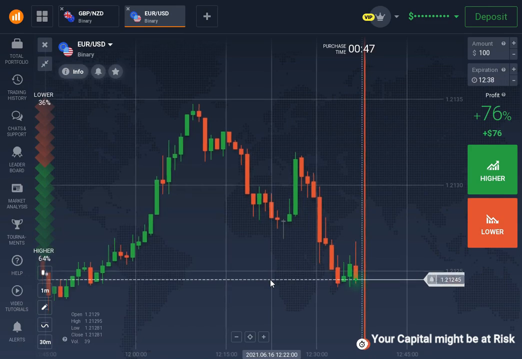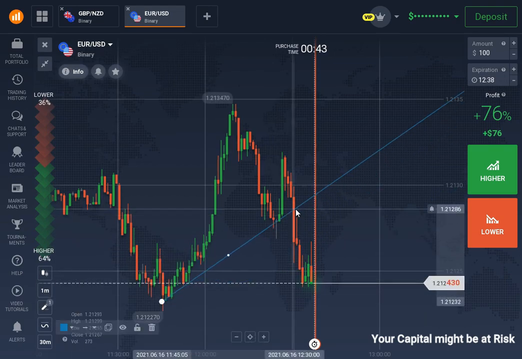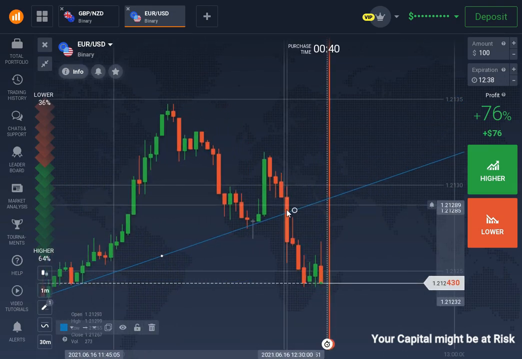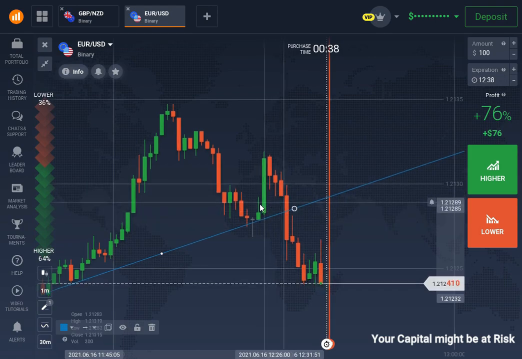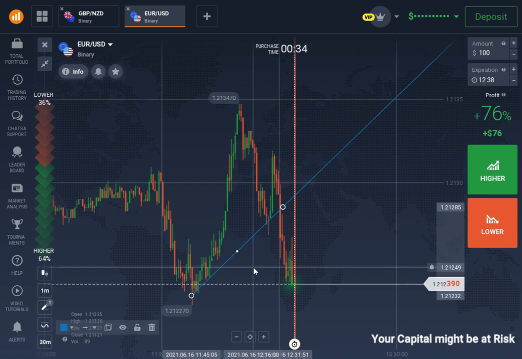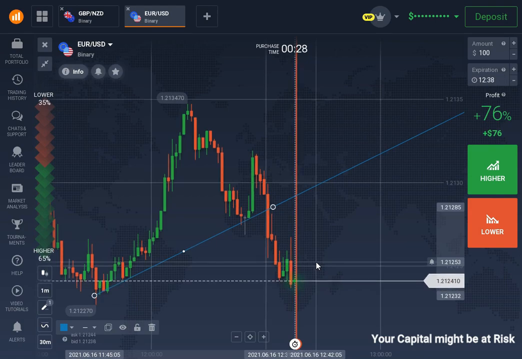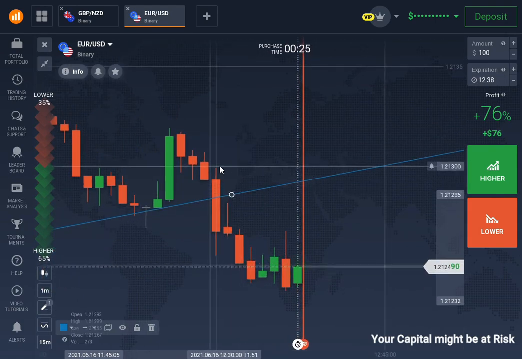The third thing, which was very important, was this breakout. You can see this candlestick broke through this support level of this trend line, which confirms to me that the market is actually trying to go strongly in the downward direction. Why? Because the volume was very high.